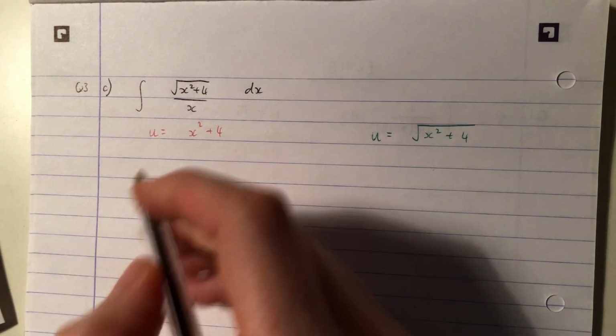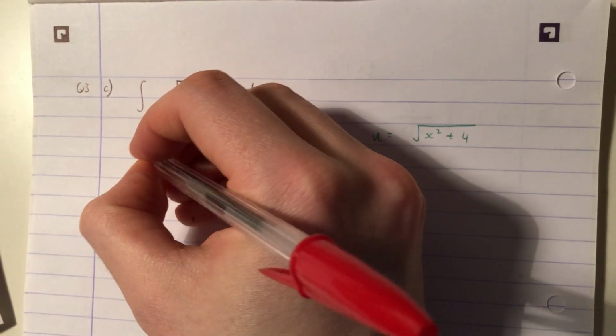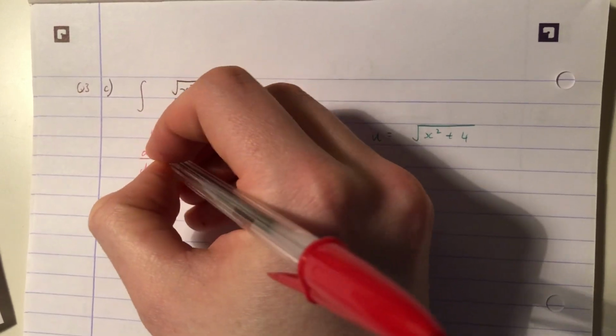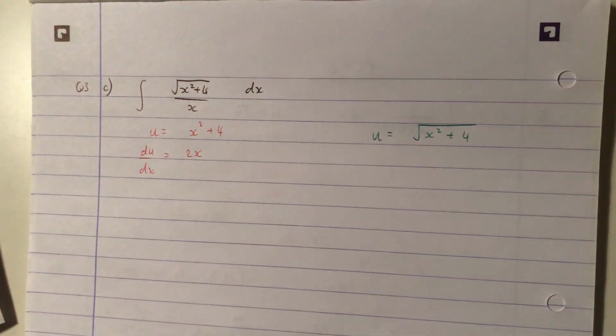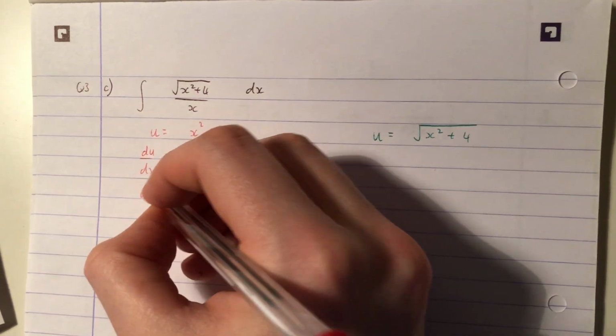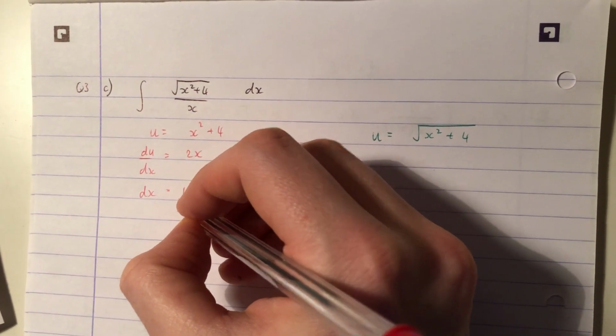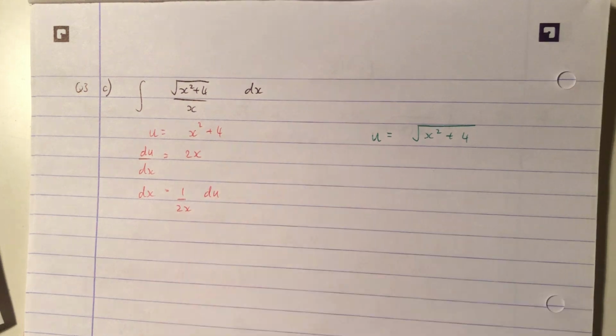Let's see. So this first one, du by dx would be 2x. And if you make dx the subject, you'd get 1 over 2x du.